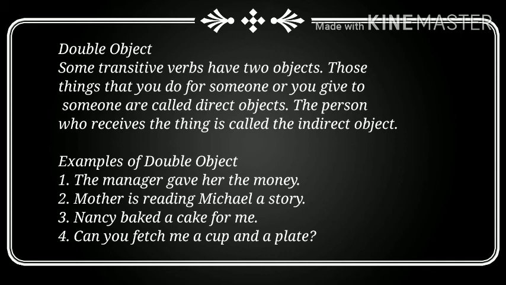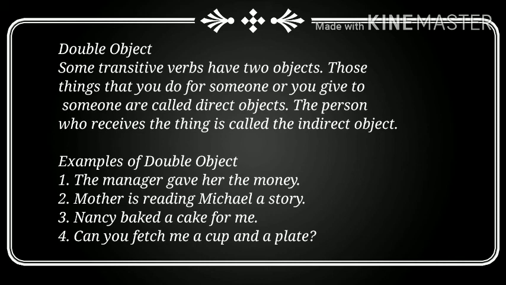Nancy subject, baked verb, a cake is a direct object and me is an indirect object. So here also you will see two types of object. One is direct and another, me, is the indirect object. So baked is a transitive verb.